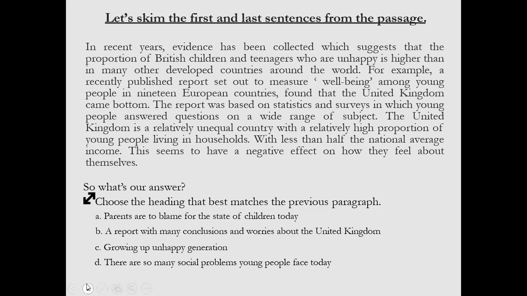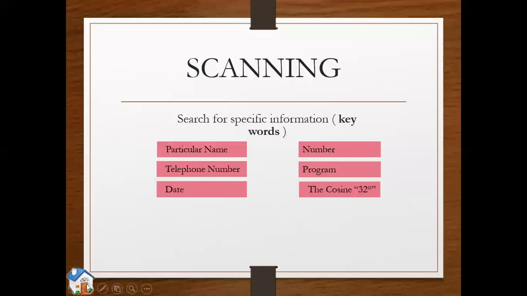Okay. Now let's go ahead. What is scanning? You know that we have now understood that skimming is to read for the general idea. For example, you are given a topic to prepare a presentation on a particular subject. What happens?